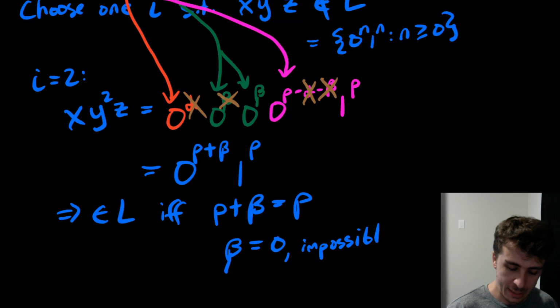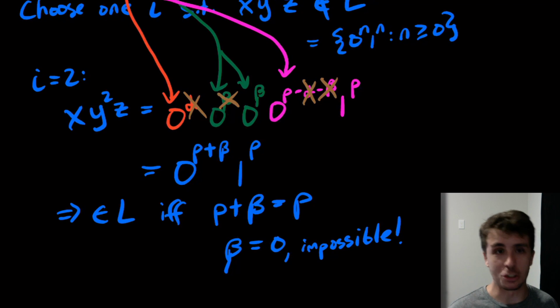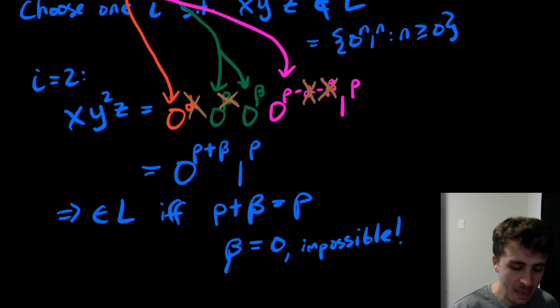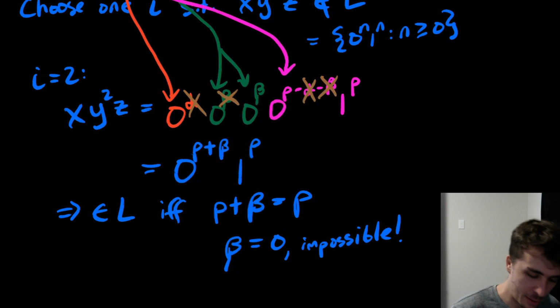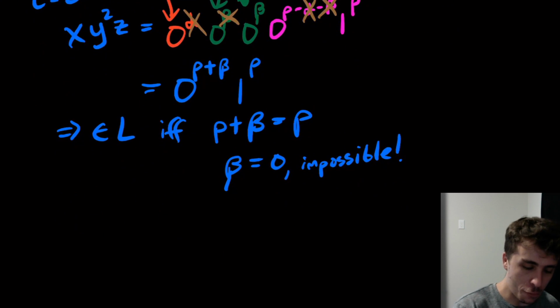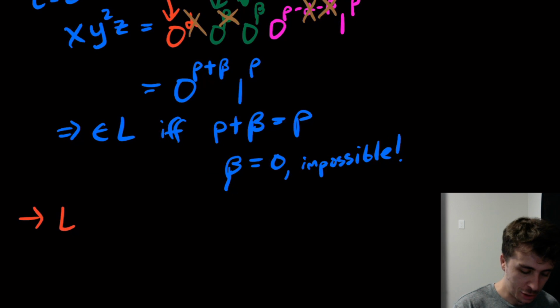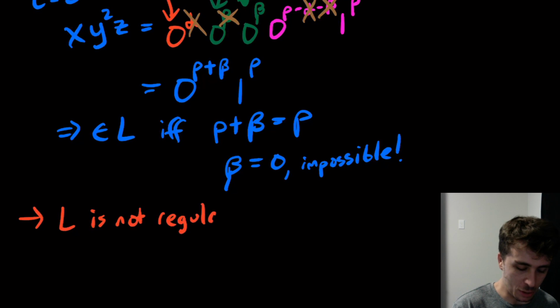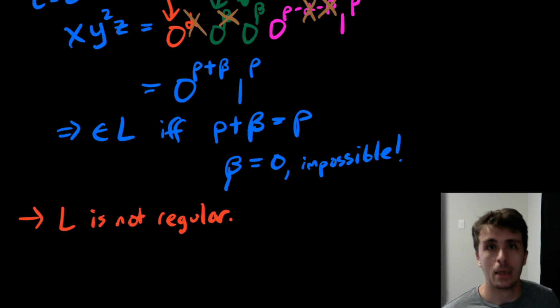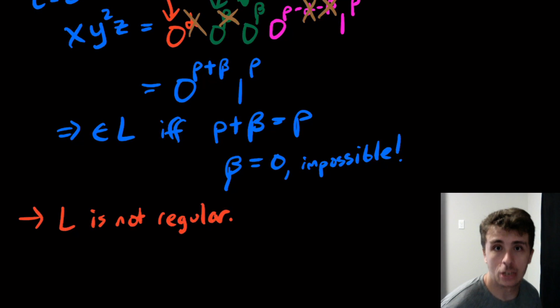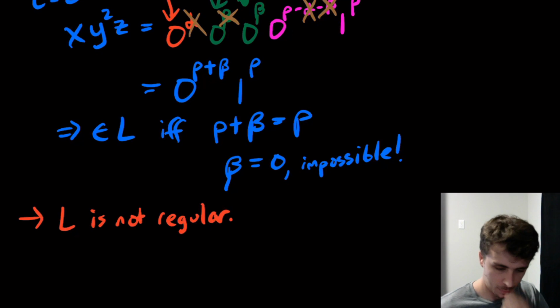Because the condition says that beta is at least 1, and the only way that it could be in the language is if it's 0, which gets us our contradiction. And therefore, this string is an example of how this language cannot possibly be regular. So L is not regular as a result. Okay, so that's the general proof strategy that we're going to use here.